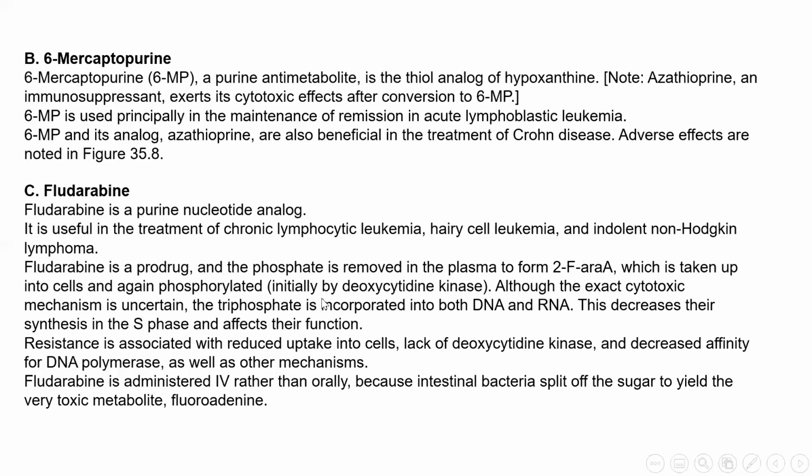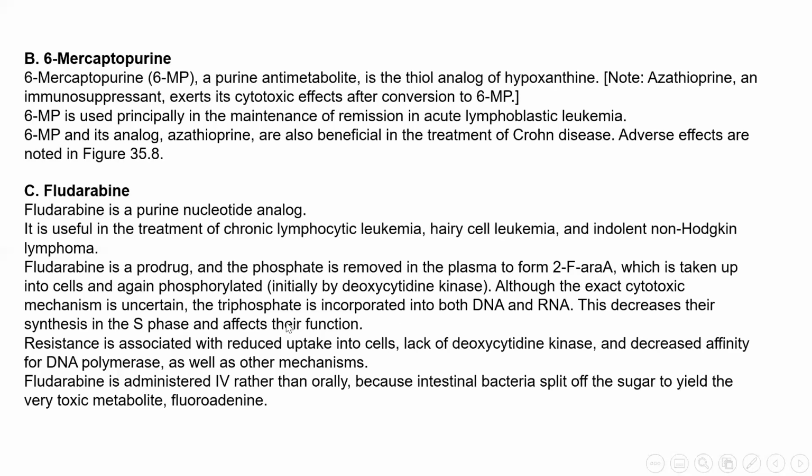Fludarabine is a prodrug. When it moves inside the cells, in the process of transfer, there is a transformation by removing the phosphate group from the drug, converting it into a metabolite called 2-FRA.